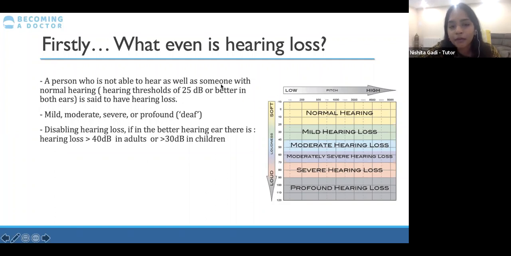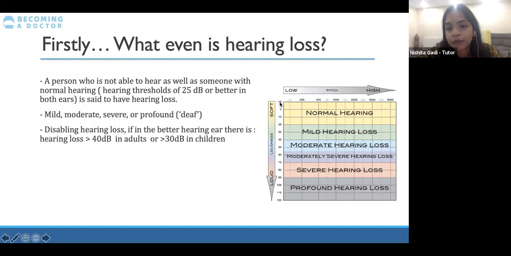So this is a measure of loudness, and we use decibels as a measure of loudness. This is 20, but the WHO definition is 25, so it's around 20 to 25.